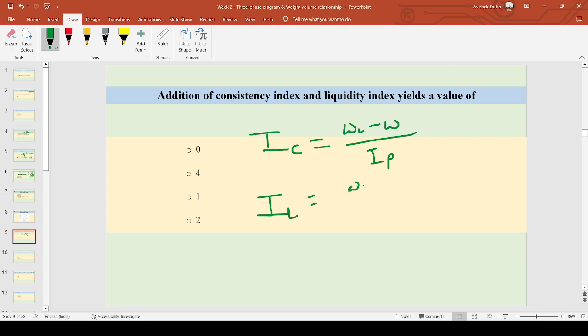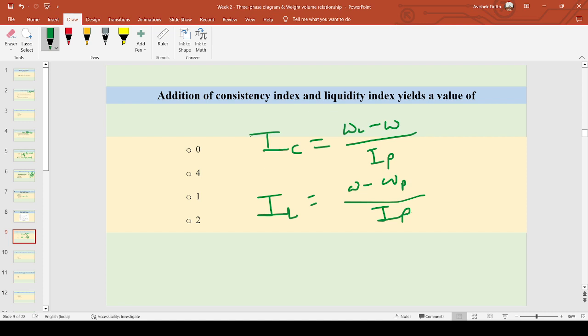IL equals W minus WP, divided by IP. What is IP? IP is the plasticity index, that is liquid limit minus plastic limit. WL is the liquid limit. WP is the plastic limit. W is the natural moisture content of the soil.